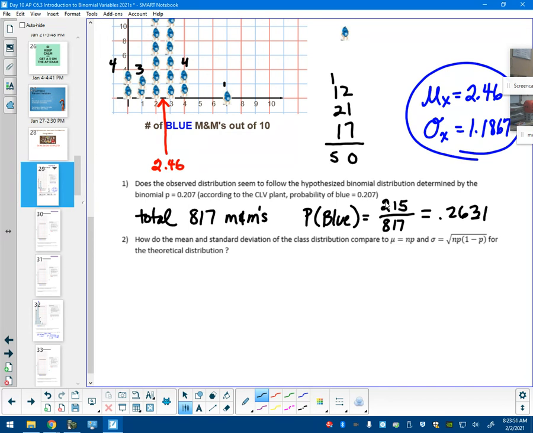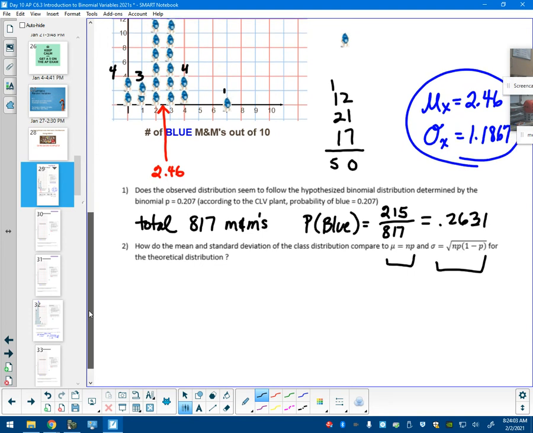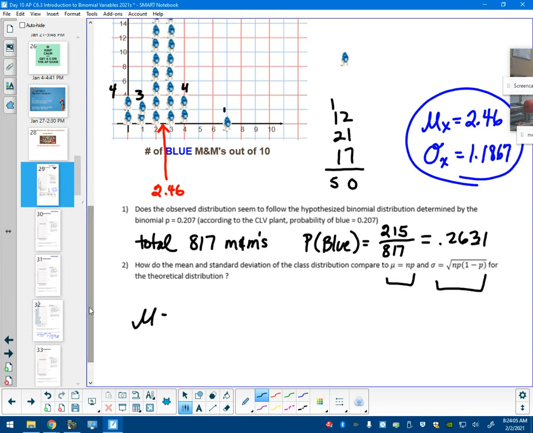What we're going to develop more likely tomorrow is these formulas, a shortcut way to do the mean other than what we did up there. So if we do n times p, we had 817, and we expected 0.207 as our probability, we got a total of 215.